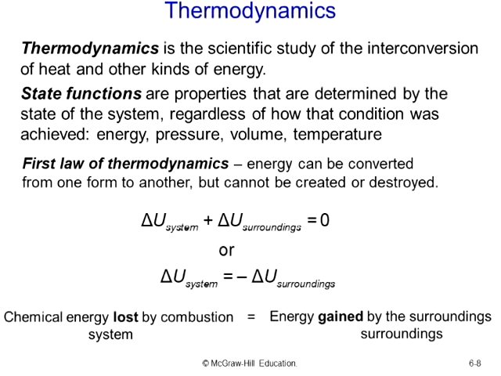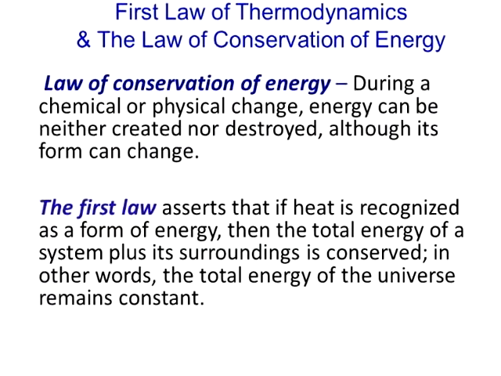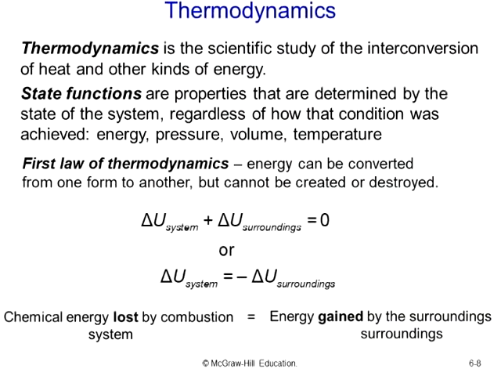That brings us back to the first law of thermodynamics, which states again that energy cannot be destroyed nor created, but it can be converted into other forms. Now, when that conversion occurs, the energy of the system plus the surroundings must be balanced to equal zero. In other words, what comes into the system must balance with what goes out of the system.